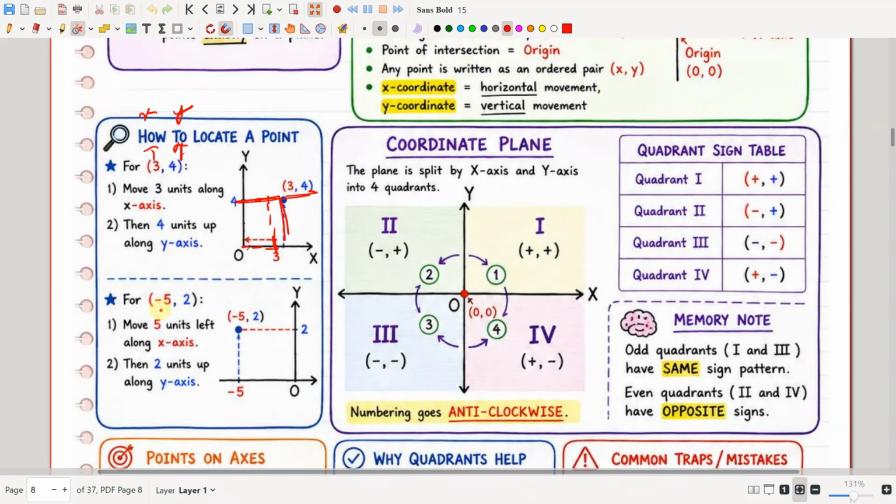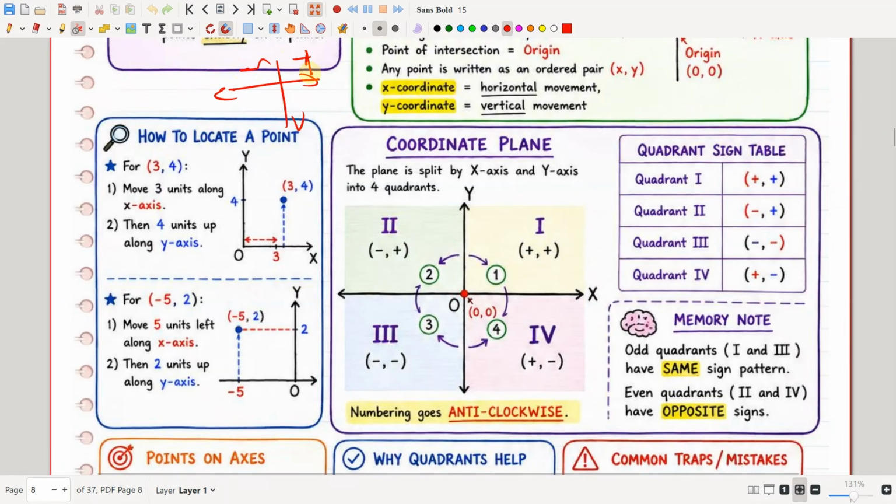Okay, and for minus 5 comma 2, you will have a graph like this, right? Here both will be plus, so the x-axis is plus and the y-axis is plus. Here the x-axis will be minus and the y-axis will be plus. Here the x-axis will be minus and the y-axis will also be negative.